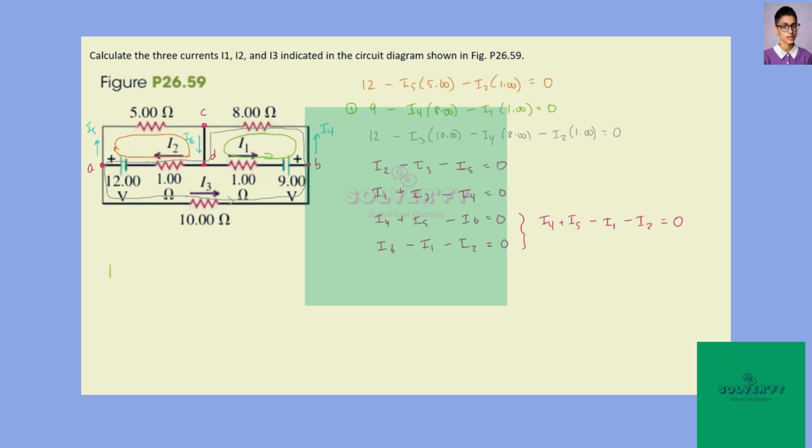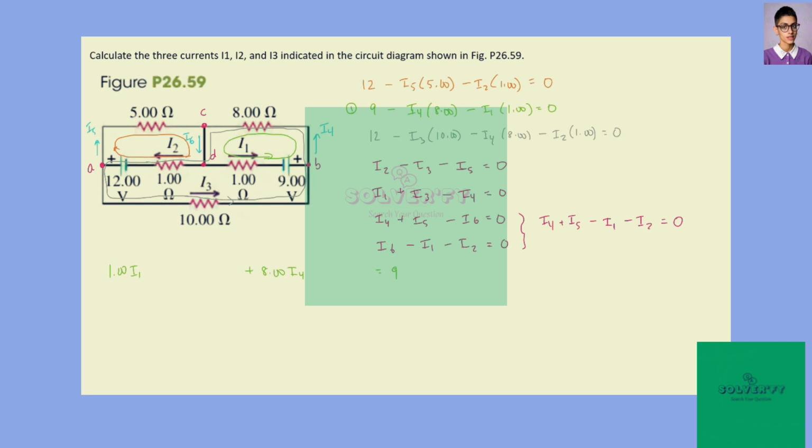So this one is going to be 1.00 I1, and then I'll leave some space for an I2 term, leave some space for an I3 term, and then plus 8.00 I4, and we'll leave room for an I5. Since I eliminated I6 as an option, we won't worry about that one, and we can just say equals 9.